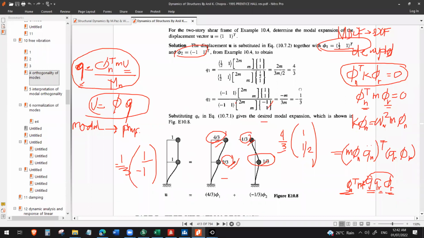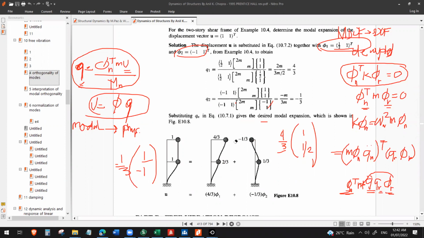So in this simple problem, by using modal orthogonality, we showed that the total displacements of an MDOF problem are composed of the summation of the displacements from each mode. That is the essence of it.